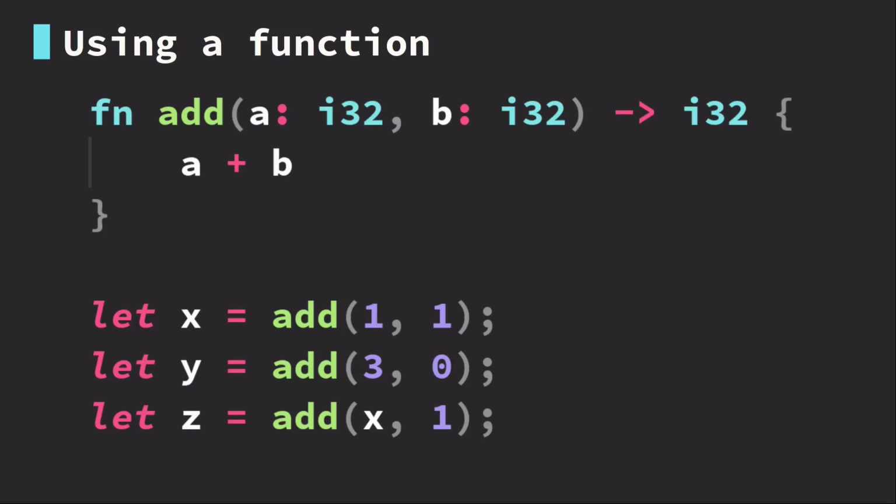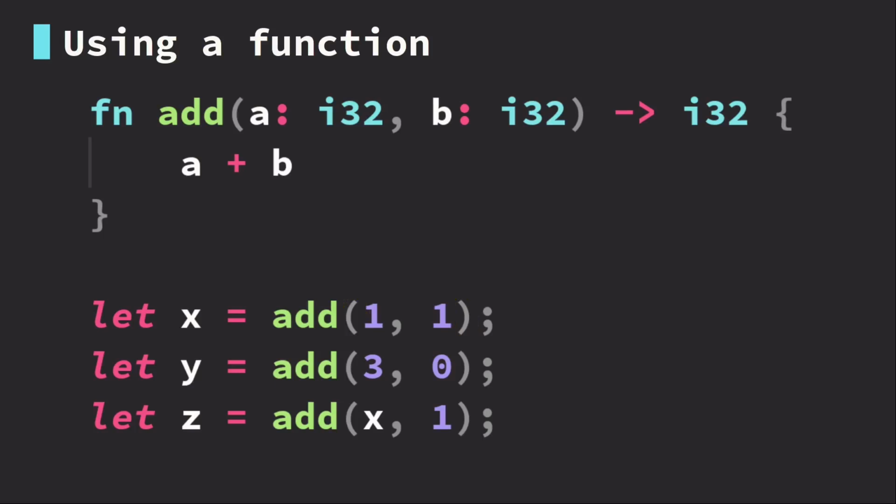So when we want to use a function, it's known as calling a function. So what we're doing here when we have add, we're calling this add function. We're calling it with the values of 1 and 1. So when you call it, you have to have parentheses along with the values that are going to take the place of the parameters.